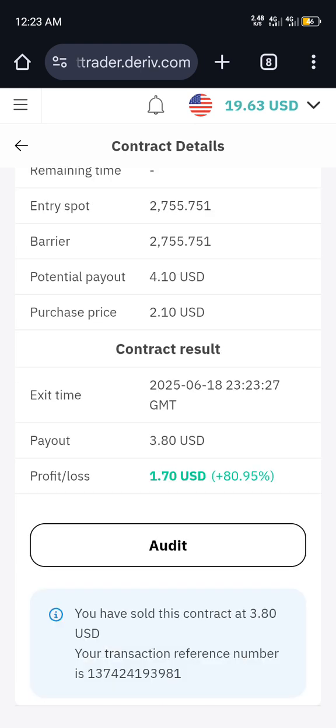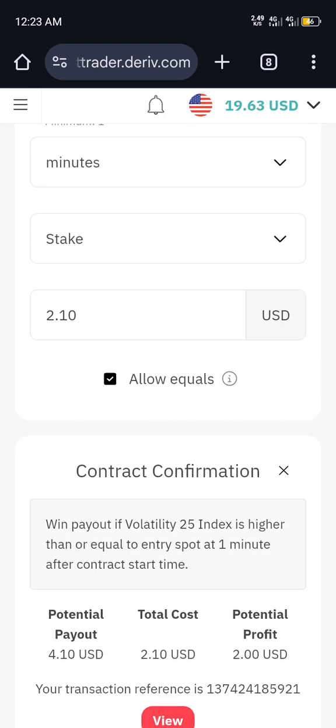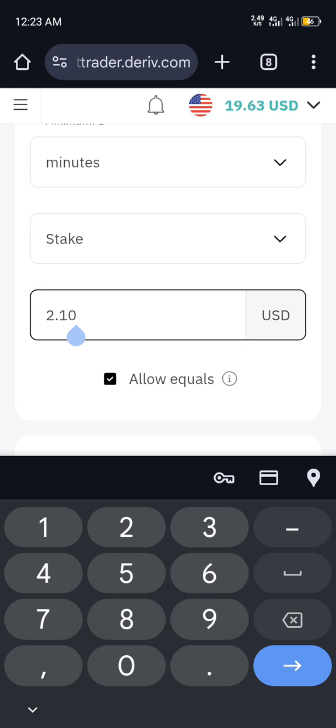All right, we have recovered fully. So we get back to the start, which is 0.35.